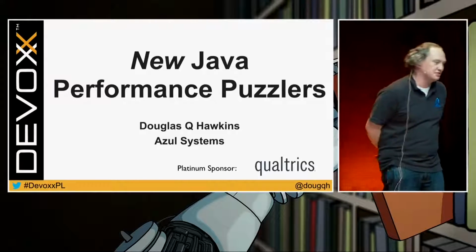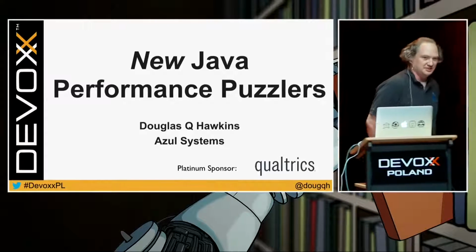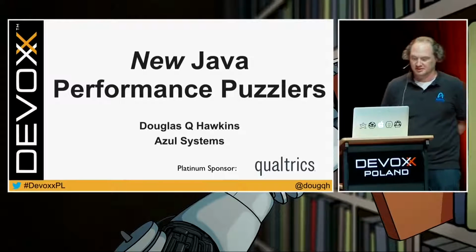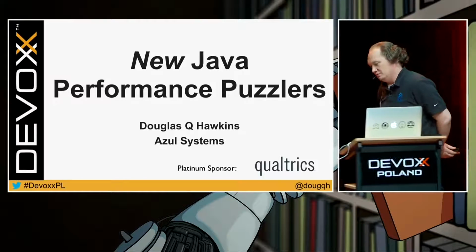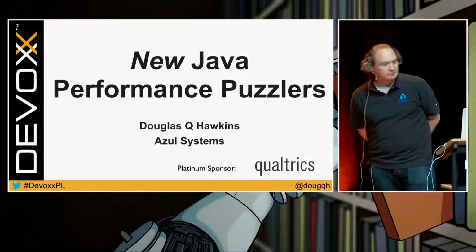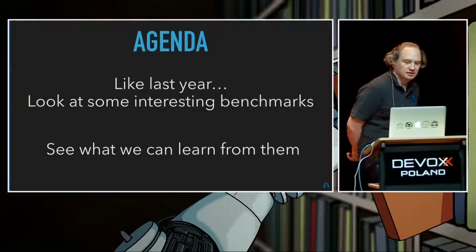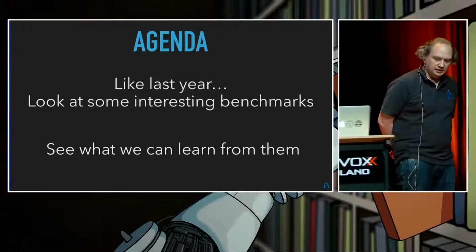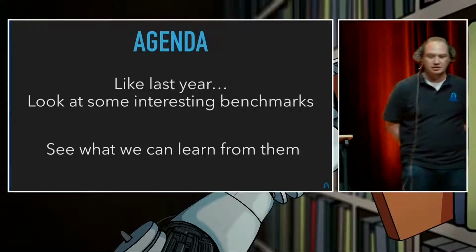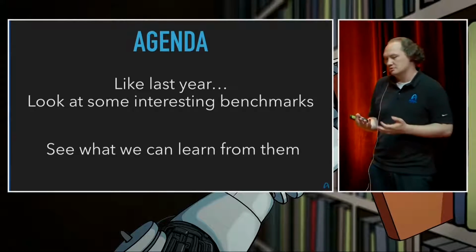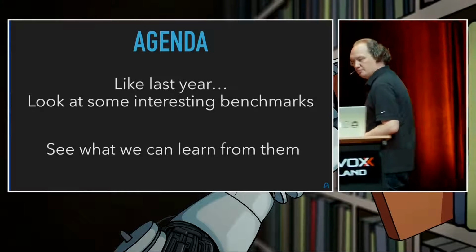If you were here last year, I did a talk with a very similar title, Java Performance Puzzlers. And we're going to do more or less the same thing, but we're going to update a bit. Like last year, I'm going to do some interesting benchmarks, and we're going to see what we can learn from them.